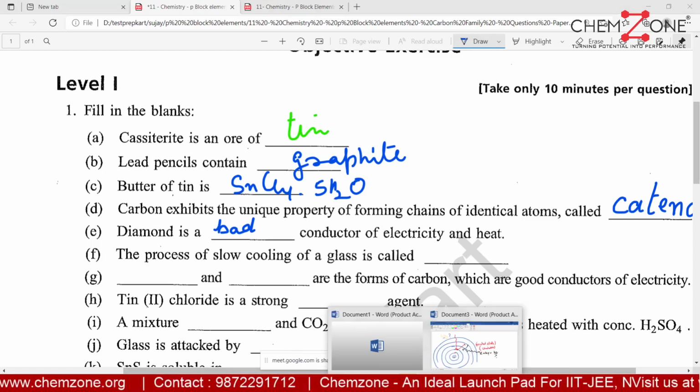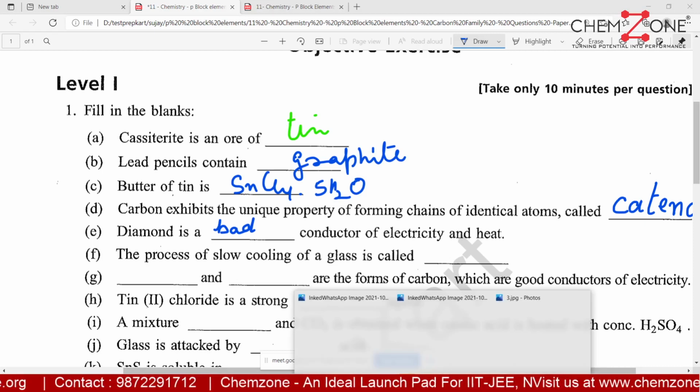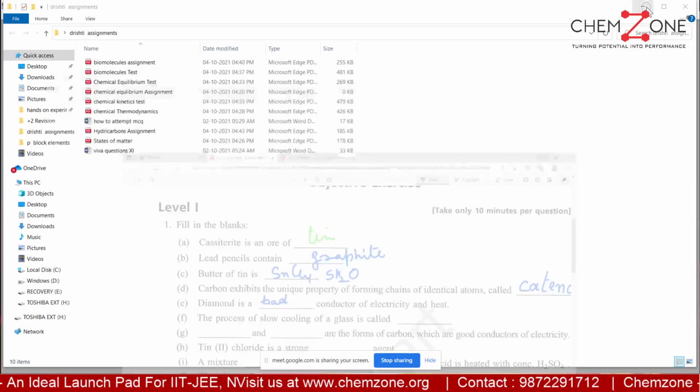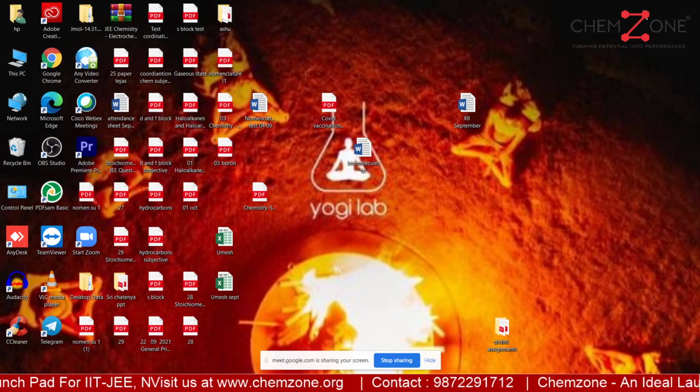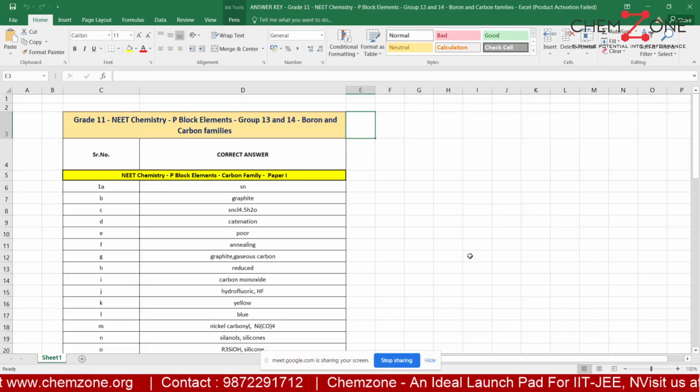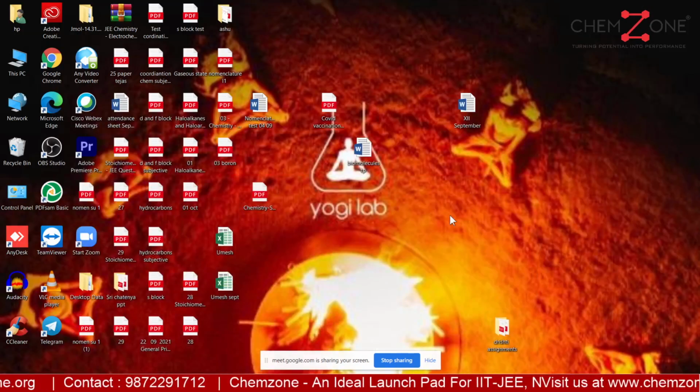Now, the process of slow cooling of glass is called annealing. Remember, it is annealing.